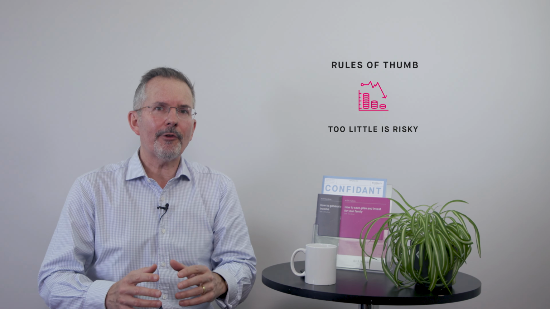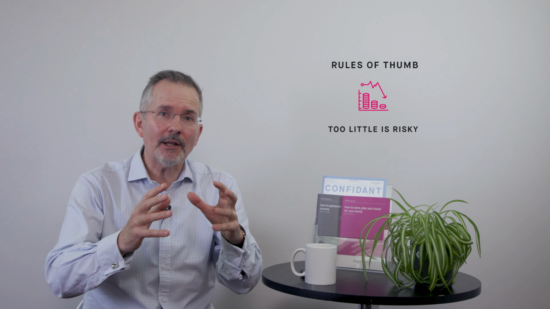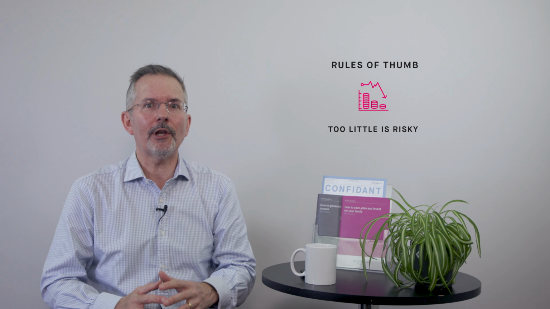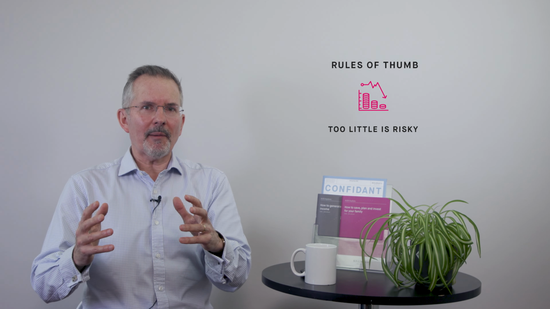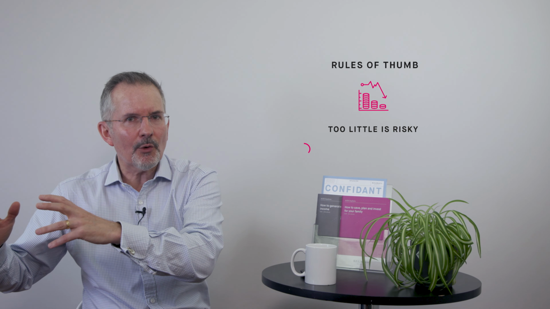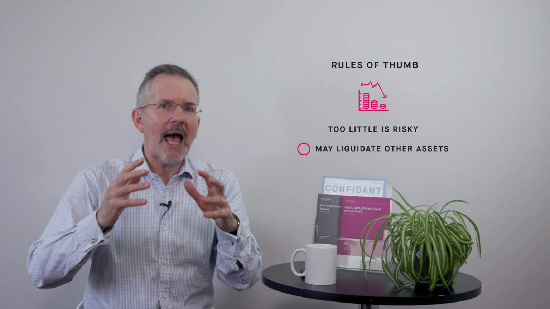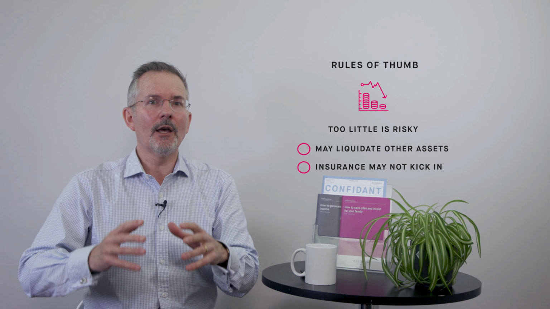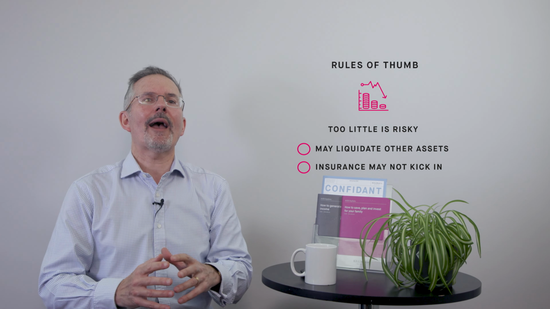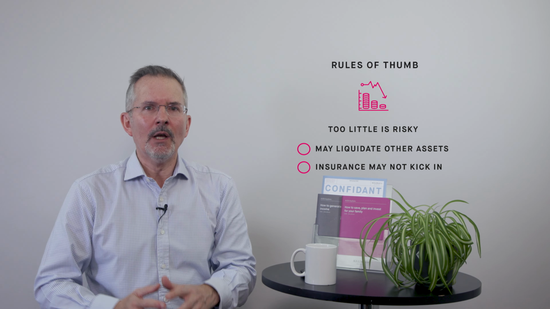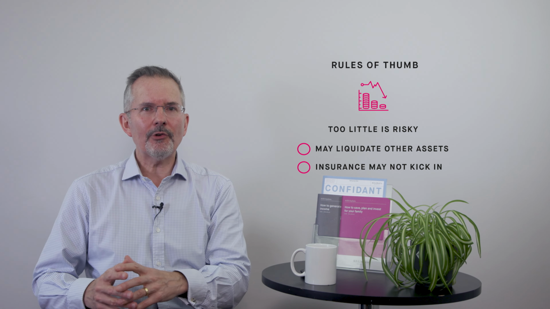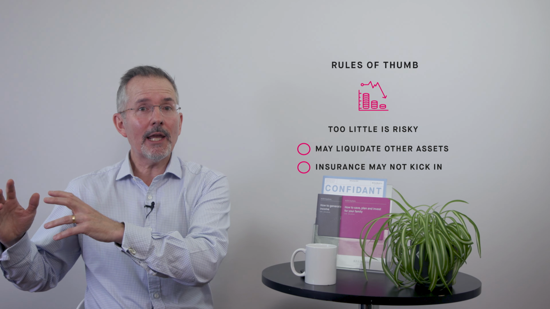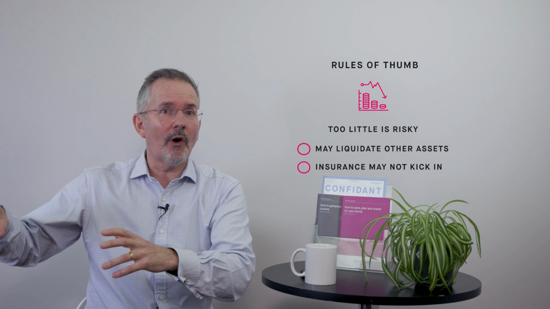You do need enough that you can dip into it and cover those emergency costs that I mentioned earlier on. So be a little bit careful, because what we're trying to do is avoid liquidating other assets, and avoid relying too heavily on insurance policies to kick in when they may take a while to actually pay out.